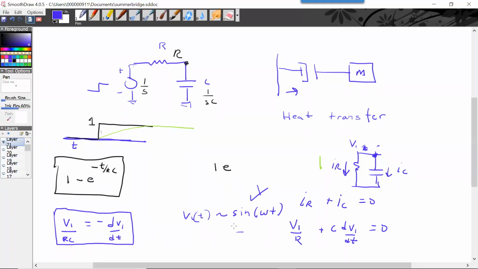Well, what if it's x? Well, the derivative of x is 1. X and 1, no matter how you scale them, aren't going to make this equation true. And probably by now you're thinking, yep, there's only one thing that does that. That's the derivative of an exponential, right? And so if I take the derivative of this, I get 1 over RC e to the minus the original thing, and then I have that minus sign.